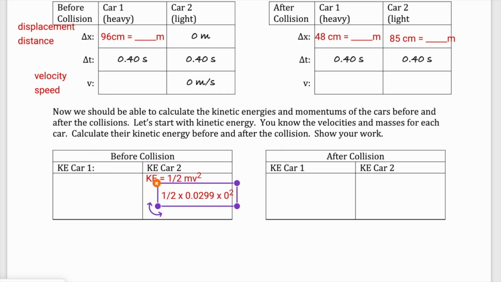Well, 0 squared is just 0, so this is going to equal 0 joules. Our kinetic energy for this car is simply 0 joules.